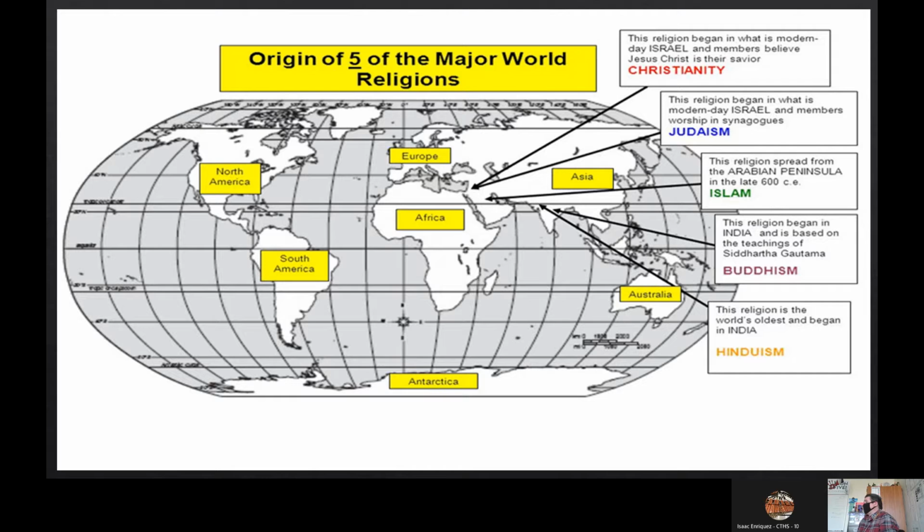Again, religions usually spread through proselytizing, missionary work, trade, travel, and warfare. Although warfare, it's usually not convert or die. It's usually a little bit different than that. But Christianity and Buddhism, at least early on, it wasn't so much warfare. It was more of those other things.